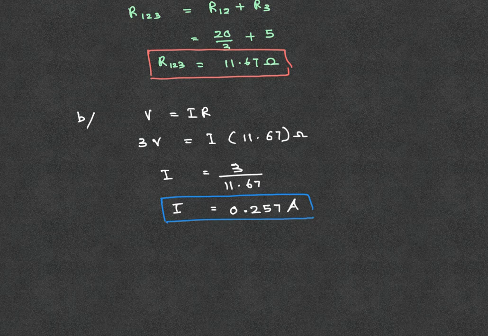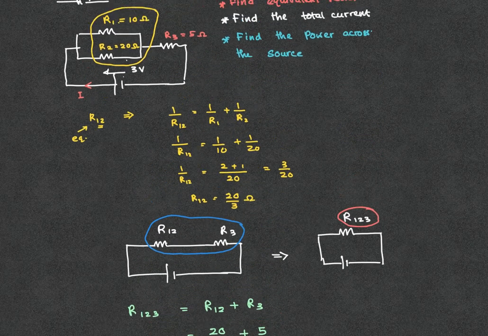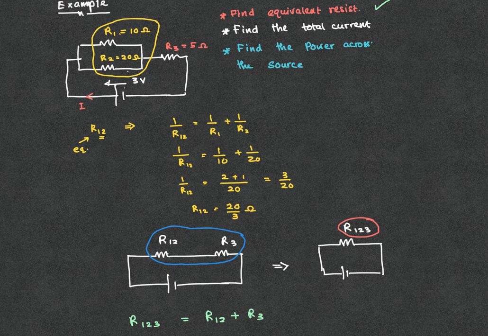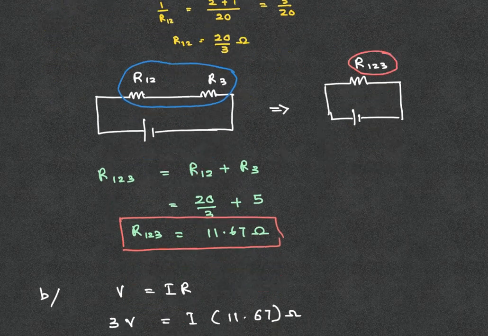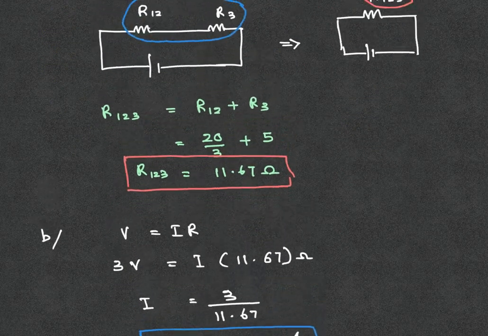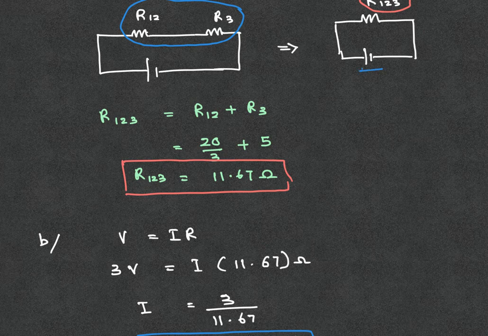And then the last question is finding the power across the source. Now the source is the battery, and if I go here and mark the battery voltage, V equals 3 volts, and at this point I know what the current is. Current is 0.257.